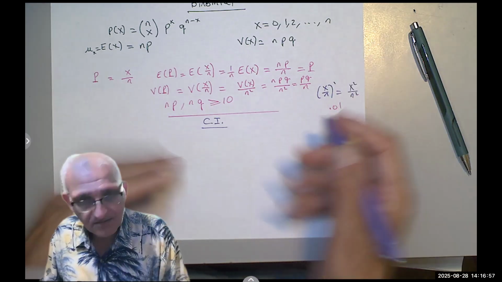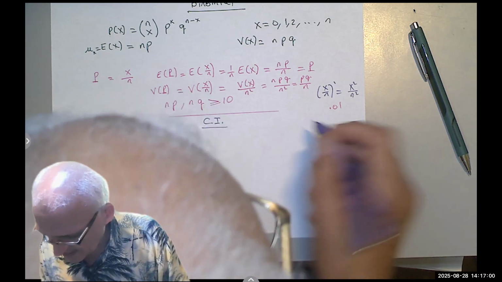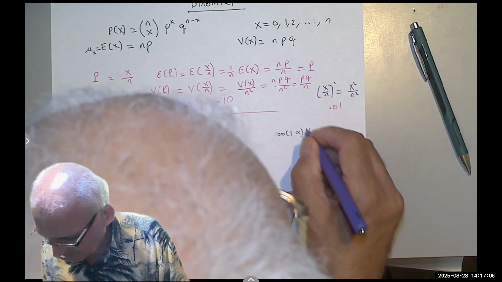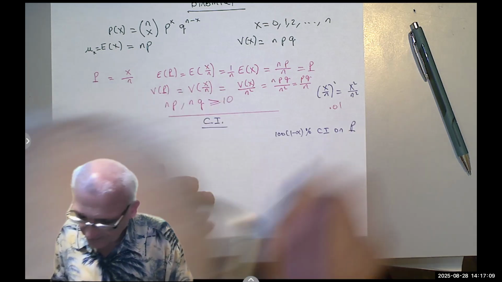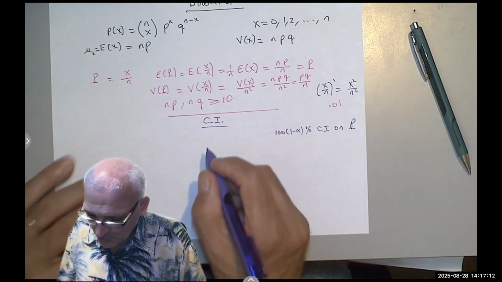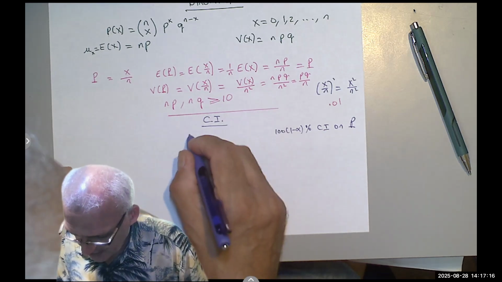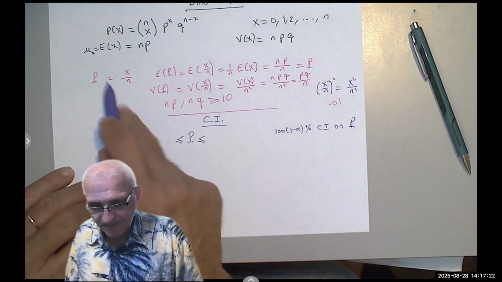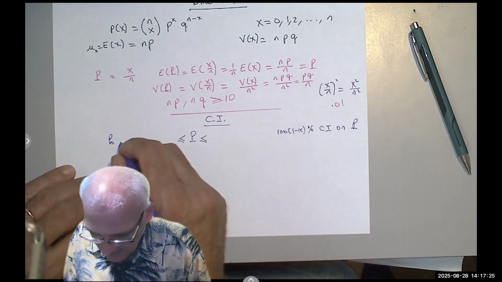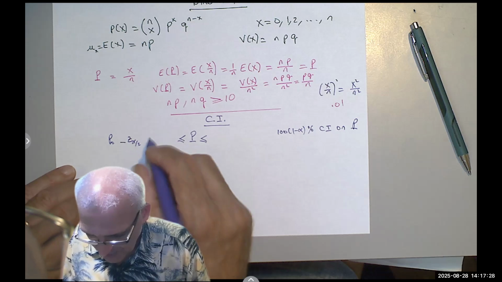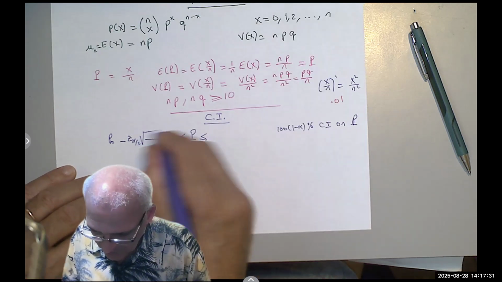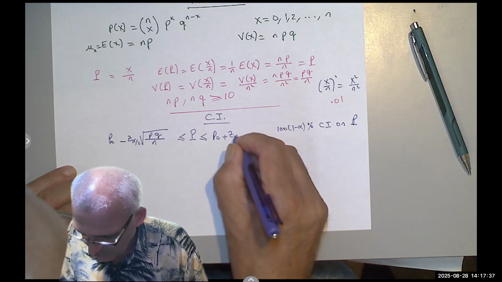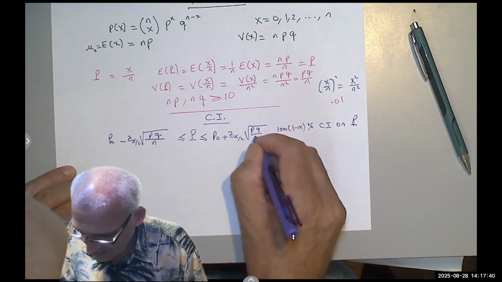So for a two-sided, because you can think of the others, 100 times 1 minus alpha % confidence interval on P. If it's two-sided, let's say, then you would have P0, which you get from the sample, minus Z alpha over 2 times the square root of PQ over N, less than P, less than P0 plus Z alpha over 2 times the square root of PQ over N.